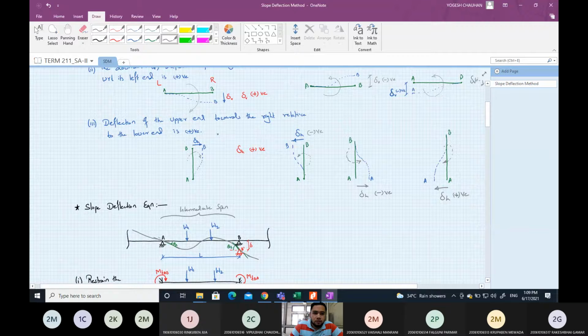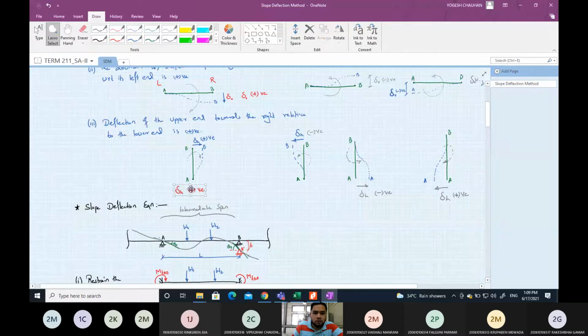Clear? So this is positive, this is in general. I hope this is clear to you regarding the sign convention.